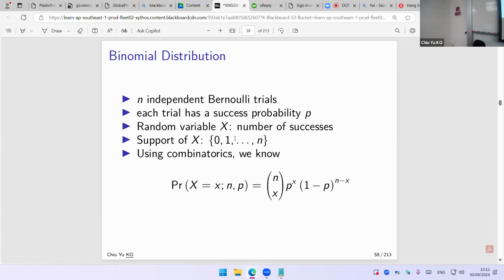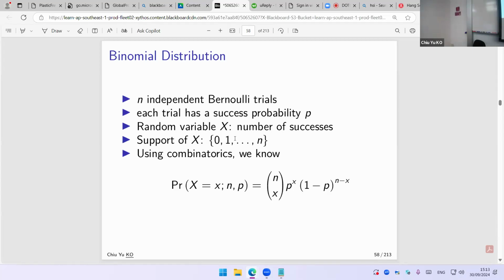This formula is something I try to explain today as well. But what I'm doing here, okay? Actually, same as your assignment. You have n experiments, you ask x of them successful, okay? And n minus x is failure, okay?